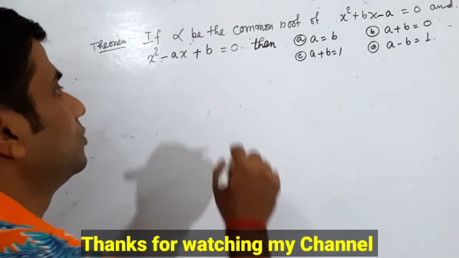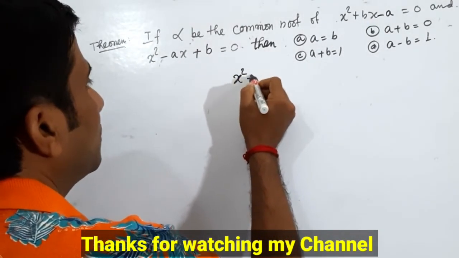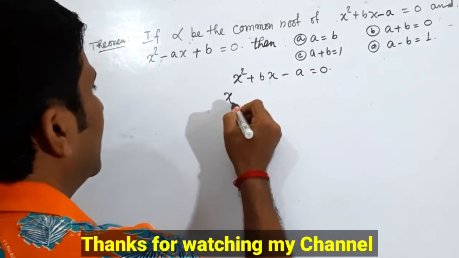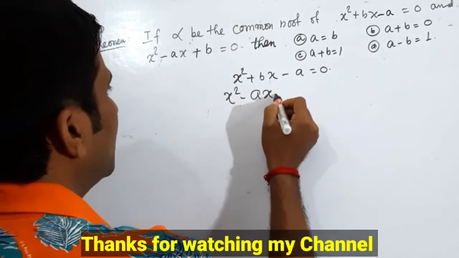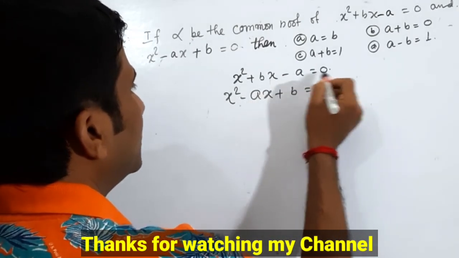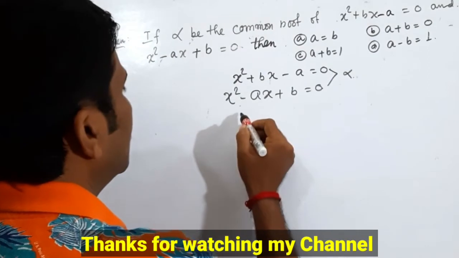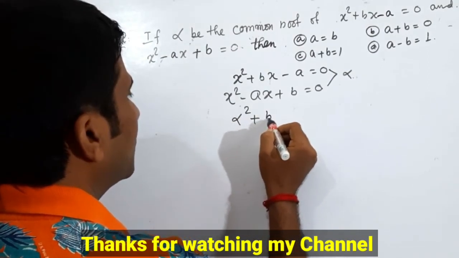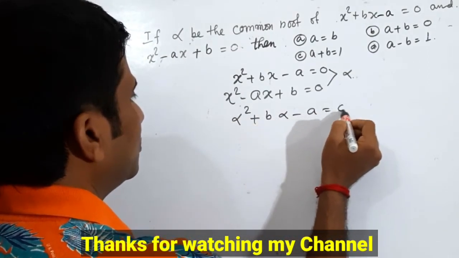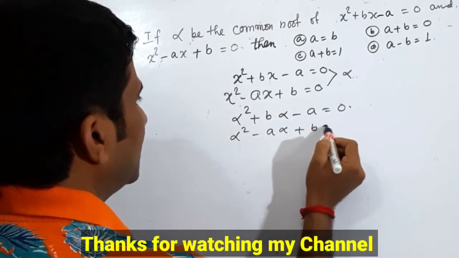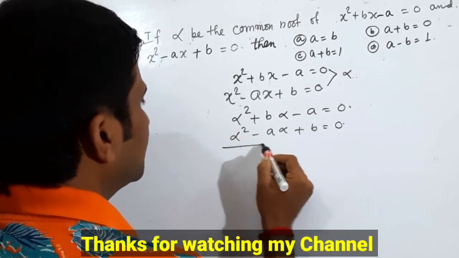Since alpha is a common root of x square plus bx minus a is equal to 0 and x square minus ax plus b is equal to 0, then alpha will satisfy these two equations. So we write alpha square plus b alpha minus a is equal to 0 and alpha square minus a alpha plus b is equal to 0.